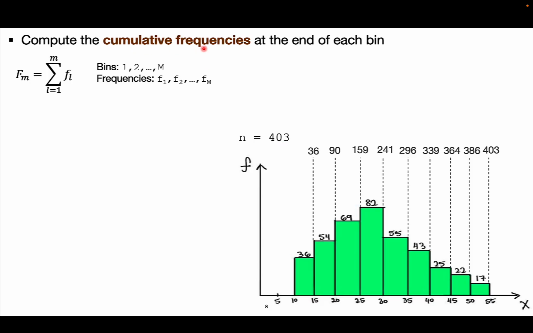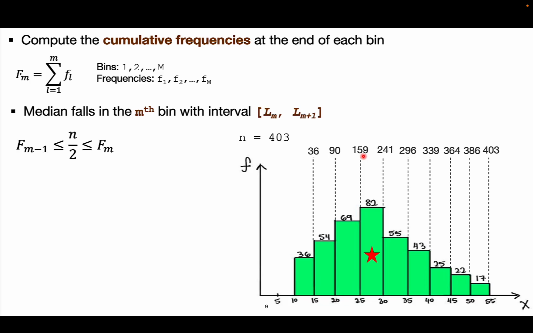The cumulative frequencies are going to help us answer this question. Starting from the leftmost bin, we have 36, then 36 plus 54 is 90, plus 69 is 159, and so on. So now it becomes clear that the location of 202 falls inside the bin of 25 to 30.